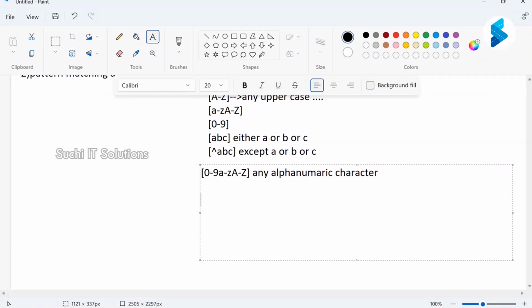Now, predefined character classes. What are the predefined classes? Space: how can you specify the space?